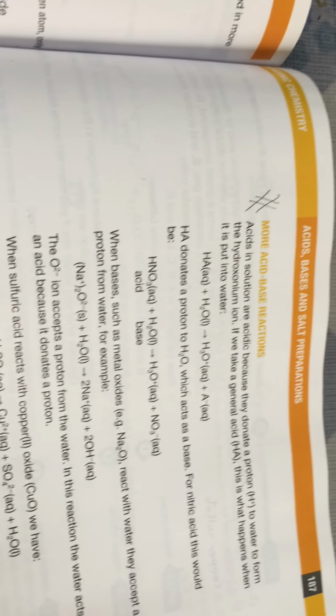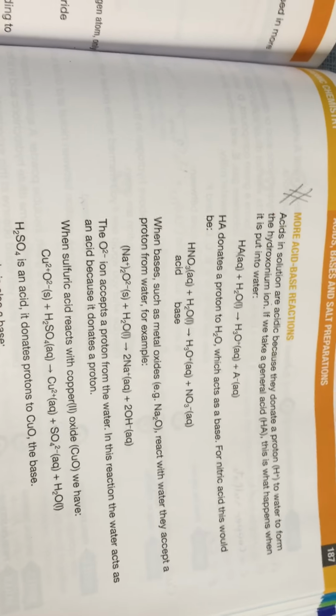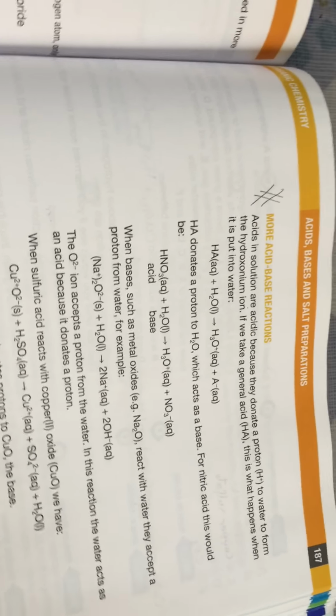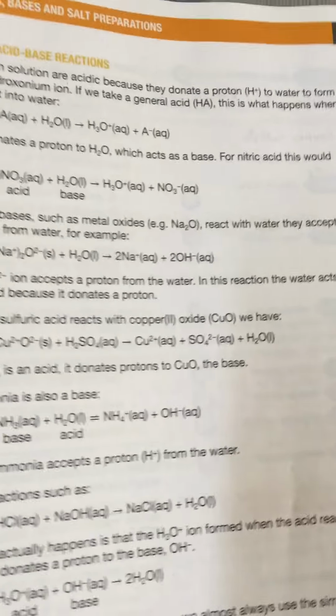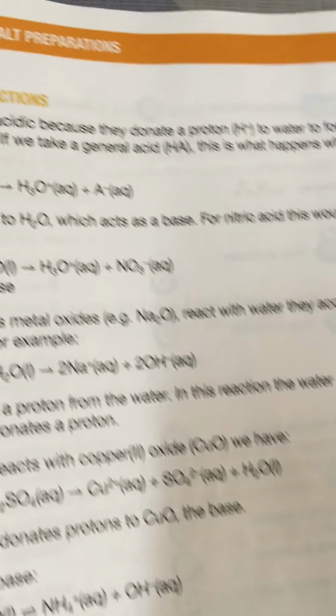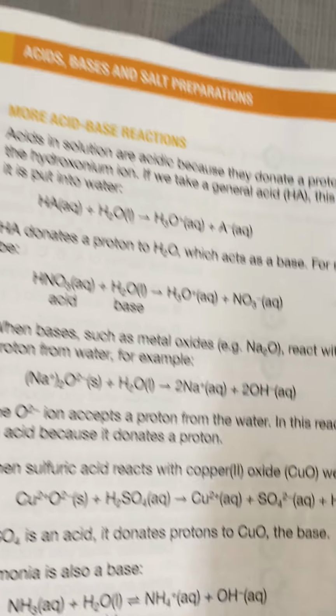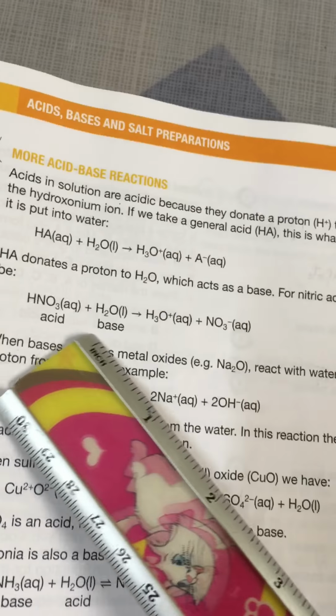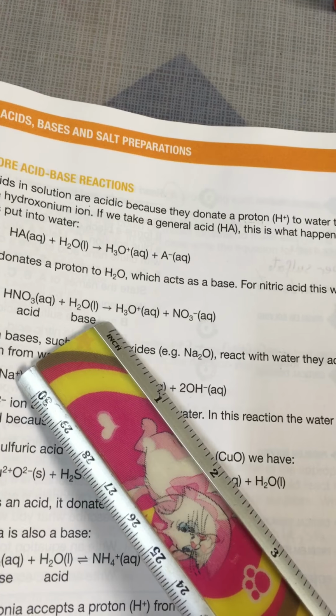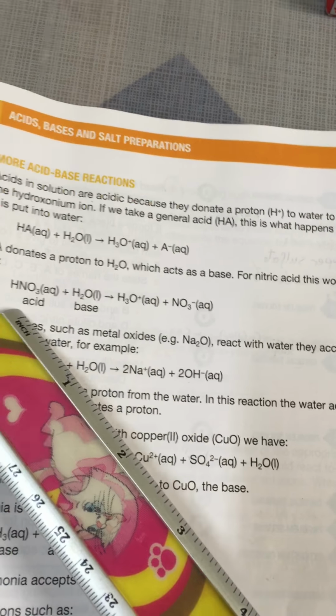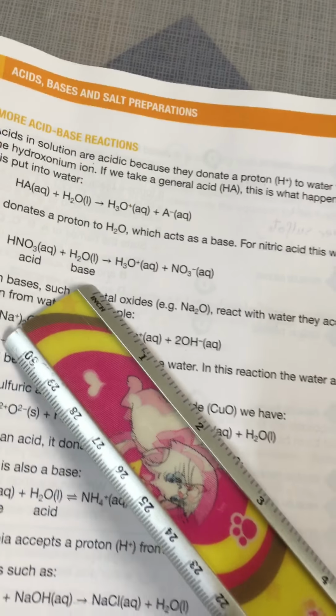All kinds of these reactions, I'll give you equations and ask you to decide if these reactions are acid-base or not. Like this, as you see here, you have, for example, nitric acid and water, where nitric acid acts as an acid and water acts as a base.